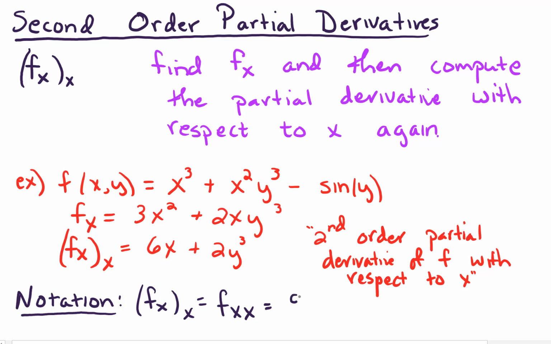For example, the curly d notation, the partial derivative with respect to x of the partial derivative of f with respect to x. And lastly, you might see the curly d notation with these 2's. It looks like almost curly d to the power of 2, and that's just a second order derivative of f with respect to x. So that's another way of expressing the second order partial derivative of f with respect to x.